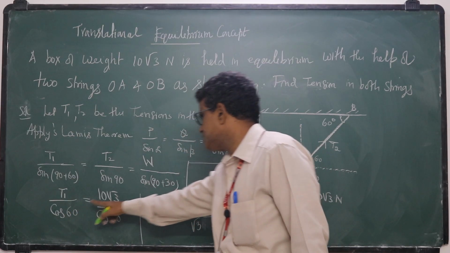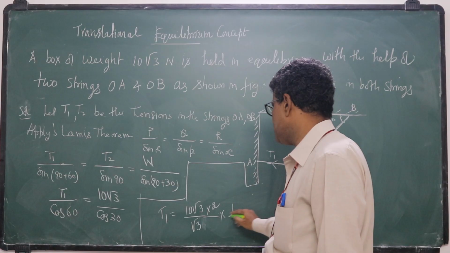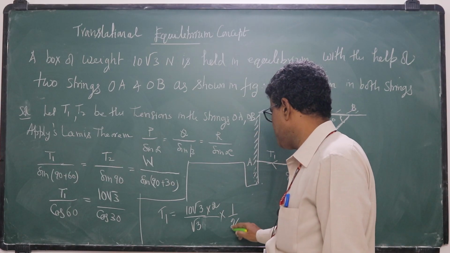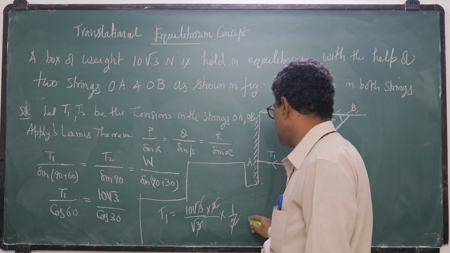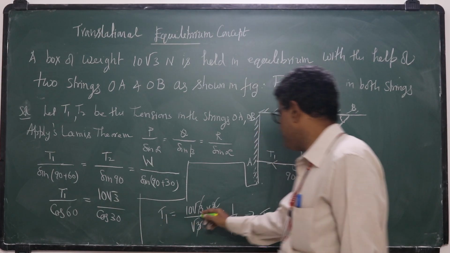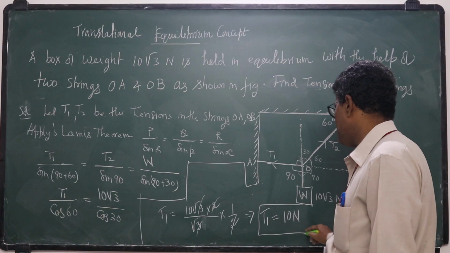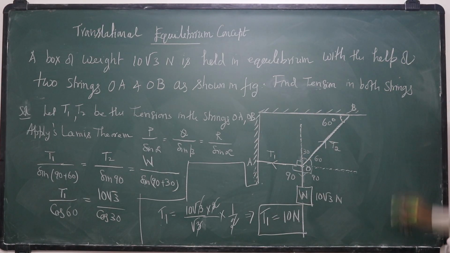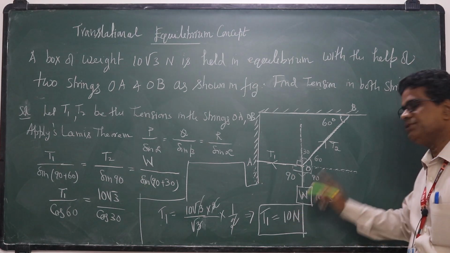What is cos 60? Half. The 2s cancel and root 3 cancels. So T1 is equal to 10 newtons. This is the answer: the tension in the string OA is 10 newtons.